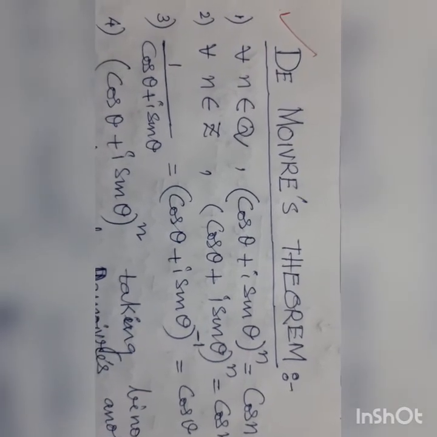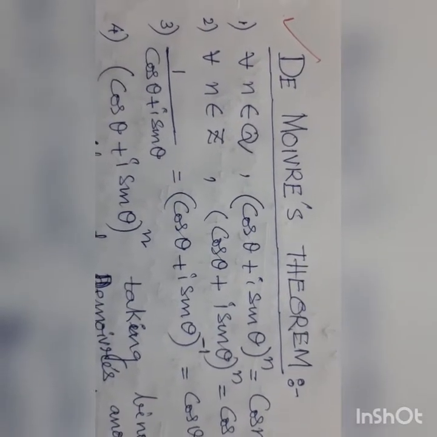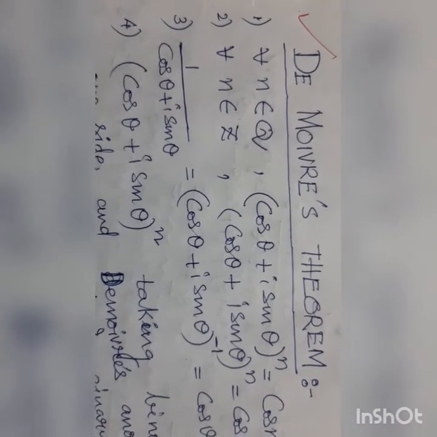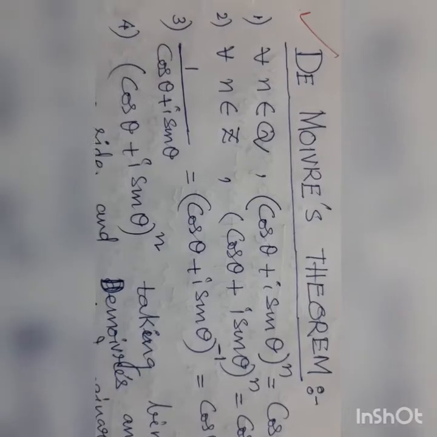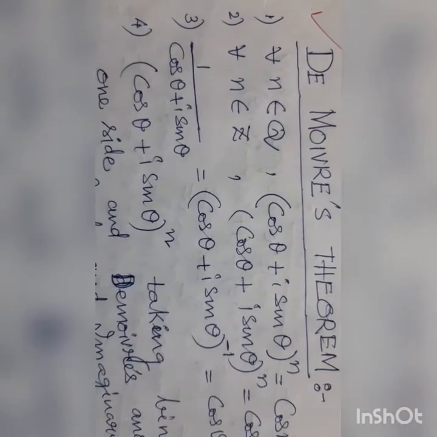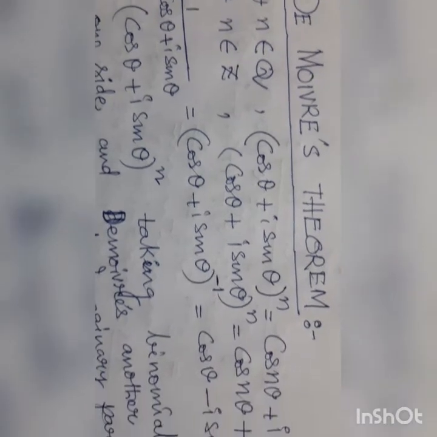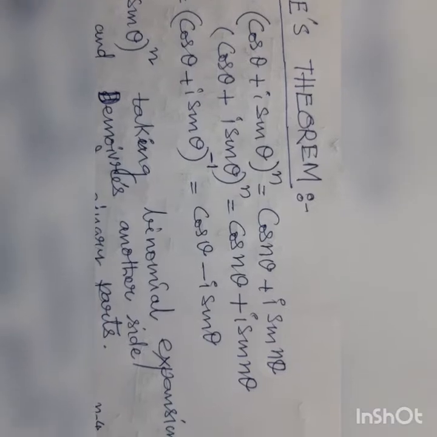DEMOIVRE's theorem. For all n belongs to Q, (cos theta plus i sin theta) whole power n equals cos n theta plus i sin n theta.